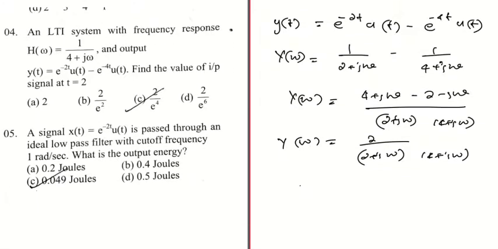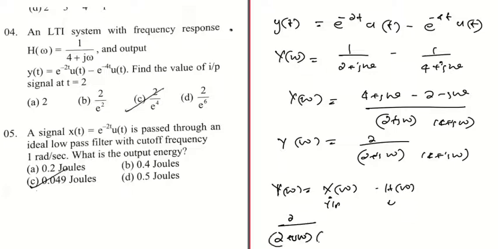And now we know that Y of omega is equal to X of omega, that is our input, into H of omega, our frequency response, right? So Y of omega is 2 divided by 2 plus j omega into 4 plus j omega, which is equal to X of omega.